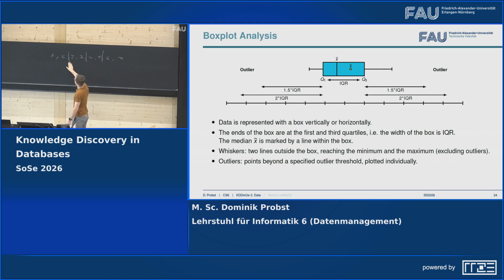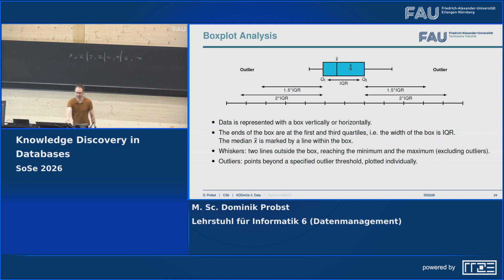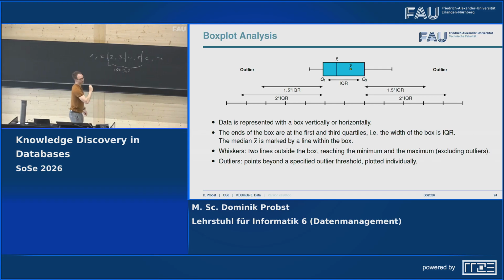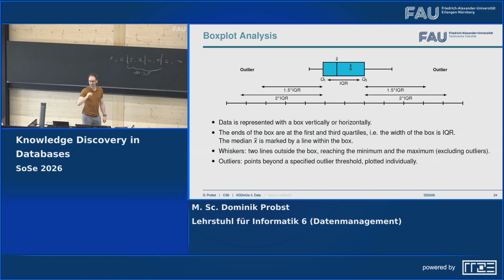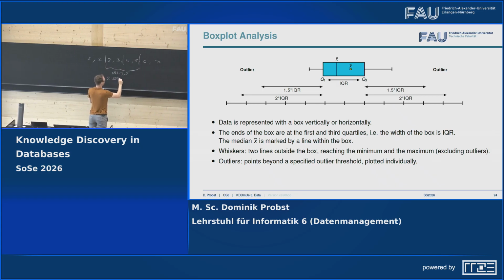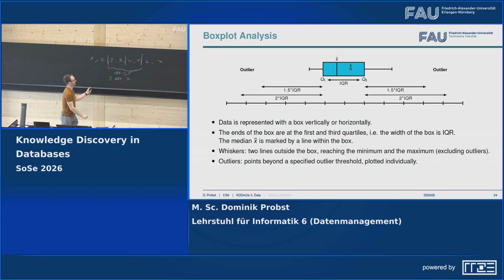So let's, for the sake of simplicity, use 2 times the interquartile range and not 1.5 times. So 2 times the interquartile range would be 7 in this case.